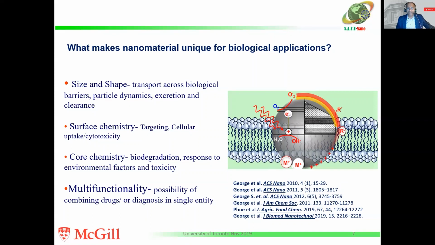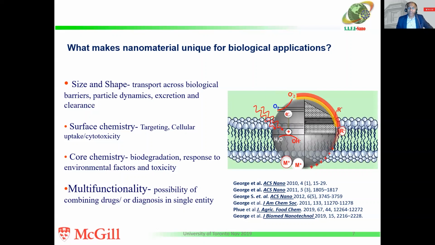Given their shape and hydrodynamic properties, how they flow and get transported in the circulatory system can be different from a bulk material, an atom or a molecule. The surface chemistry can be manipulated to make them more targeted.